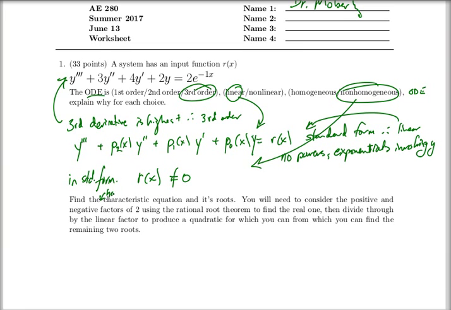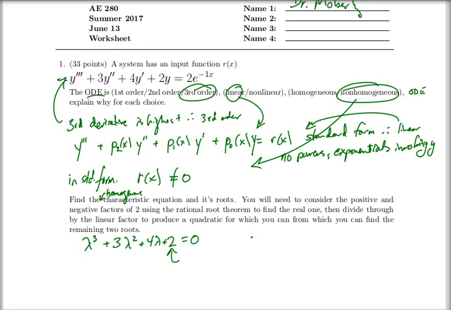All right, write the characteristic equation and its roots. Obviously, we're talking about the homogeneous problem's characteristic equation. It is lambda cubed plus 3 lambda squared plus 4 lambda plus 2 equals 0. We need to consider positive and negative factors of 2.